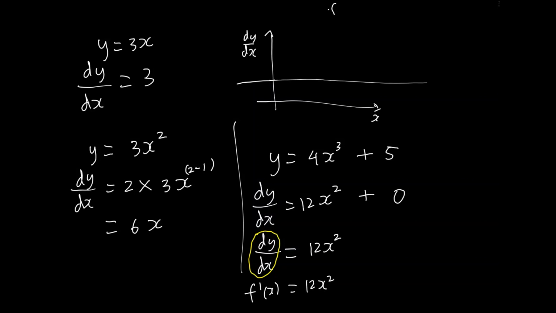Well, f of x is equal to 4x cubed plus 5. So f prime of x is equal to 12x squared. And the prime basically represents the first derivative of 4x cubed plus 5.